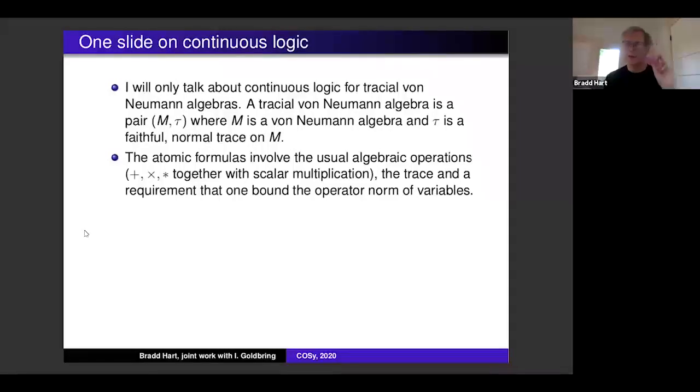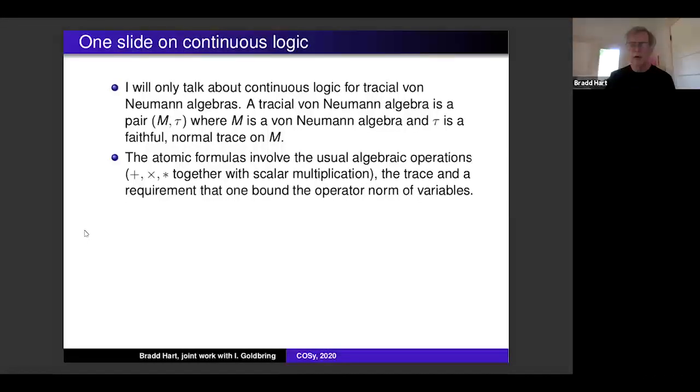There's one little thing that's lurking in the background, and I'll just say it by saying that whenever we consider a variable in this logic, the variable comes with a bound on its operator norm. For those who know what I'm talking about, this is where I'm discussing sorts, but in this context, what we're doing is demanding that our variables are bounded in operator norm.